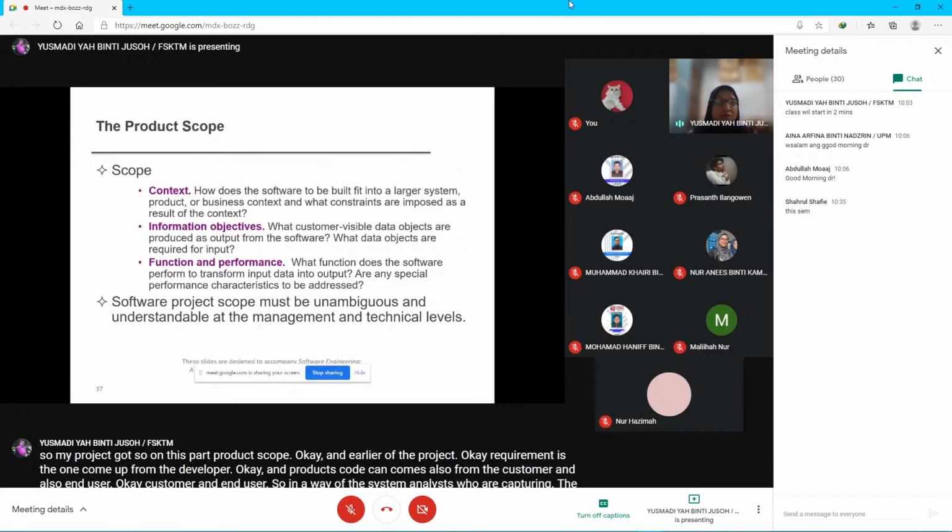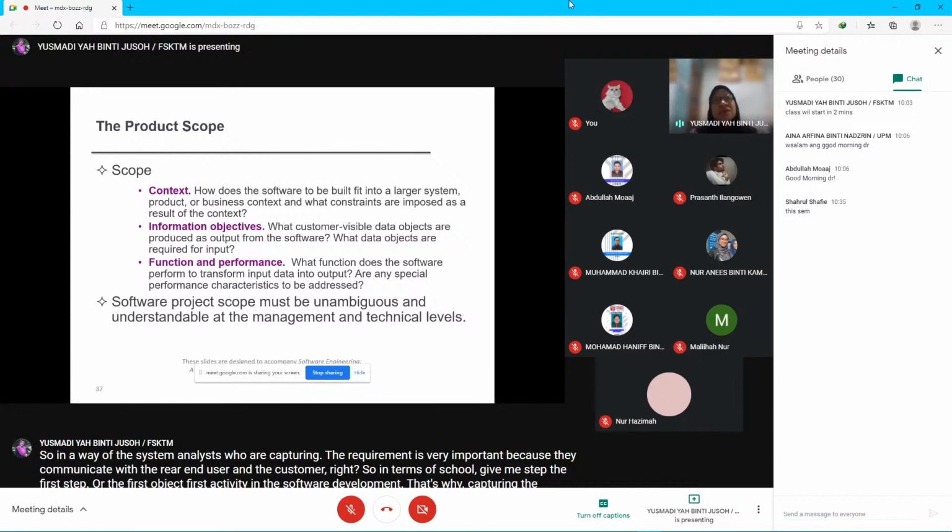So, in terms of scope, it means the first step, the first activity in software development. That's why capturing the requirement is very important, translating the customer needs into a requirement, because requirements is the term that comes from the software engineers, kan?